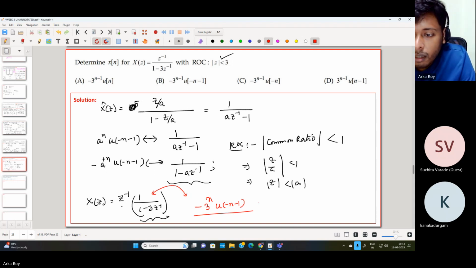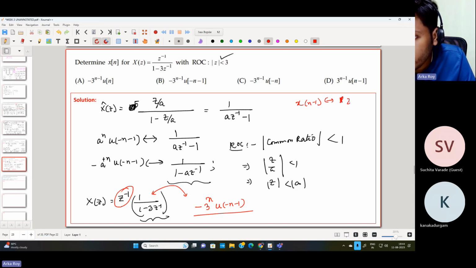Now I have multiplied a delay with that. So x of n minus 1 will have z to the power minus n X(z). That means all the indices present over here will be replaced by n minus 1.